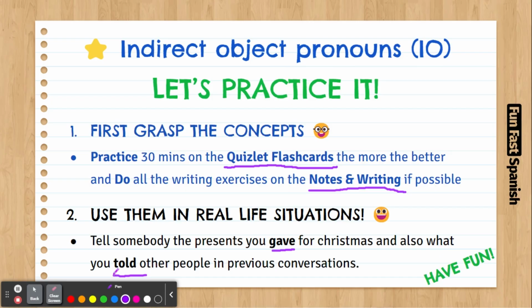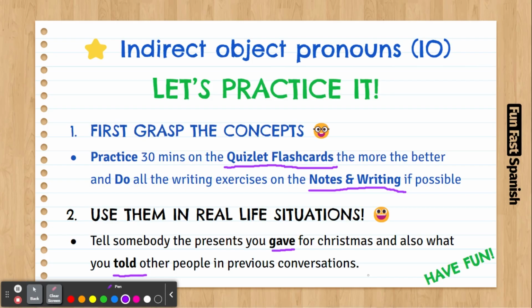Also, talk about what you told other people in previous conversations. Like, yes, I talked to Maria and I told her that she's beautiful. I also told her that I'm busy on Wednesday. And she told me that she was going to be busy on Thursday. And then she told me that she's kind of happy about something.